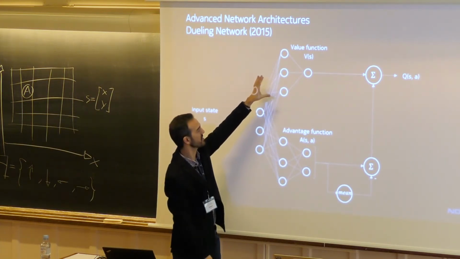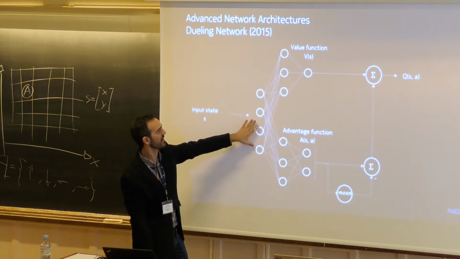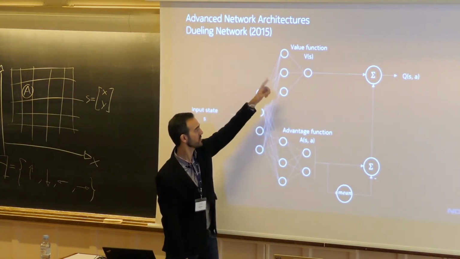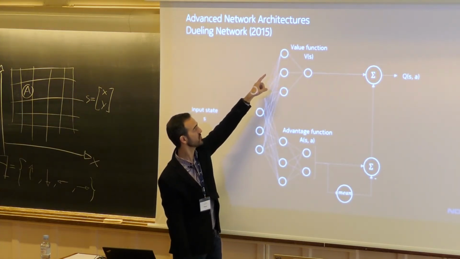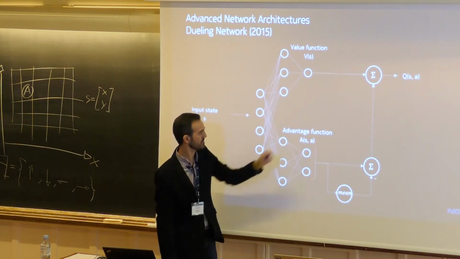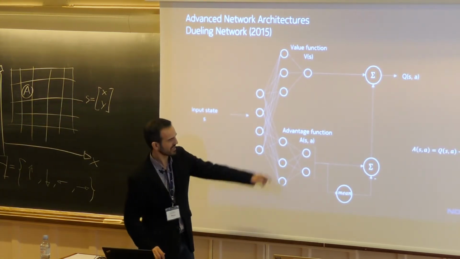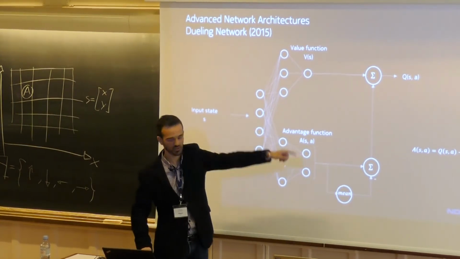Okay, so now we have pretty much two neural networks with one common input layer, and they calculate two different things. The upper stream calculates the value function, and the lower stream calculates the advantage function, which is basically the difference between the action value function and the value.